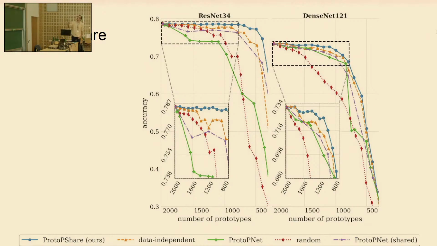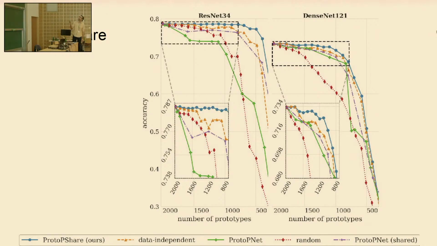And the accuracy of the model is around 0.8, as I showed on the slide. But if the number of prototypical parts per class is smaller, and here we take smaller and smaller numbers, for example, when we have 1,000 prototypes, then there are 5 prototypes per class.